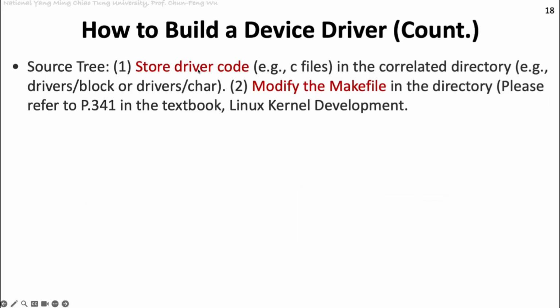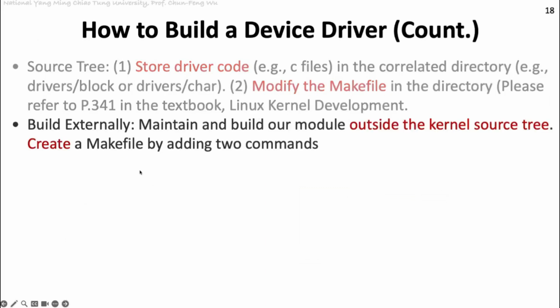Then you can put your own driver code in drivers/block or drivers/char, depending on what kind of driver you are writing. If you are writing a block driver, you can put it into the drivers/block folder. Then modify the makefile in the directory, and then you can run it.